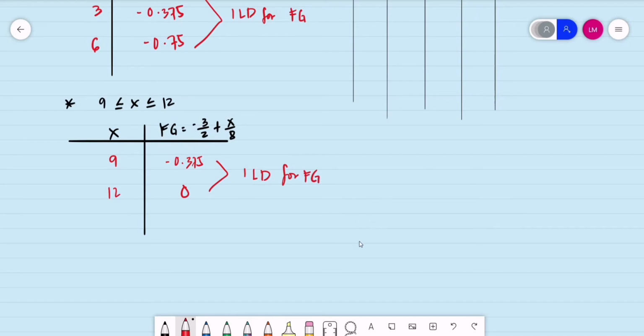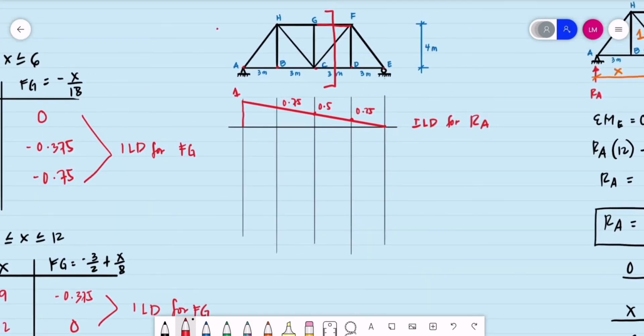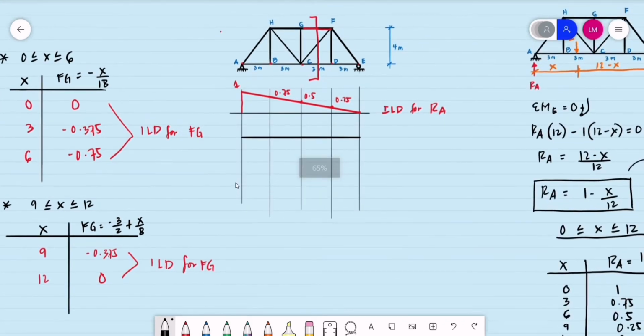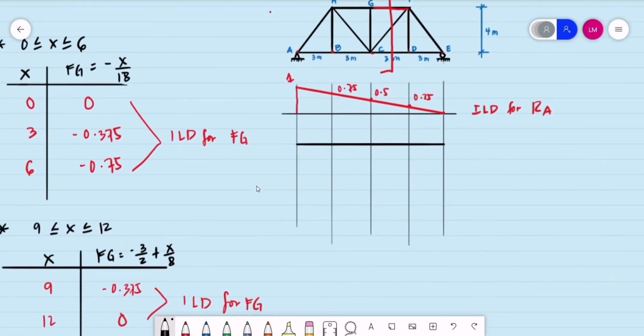So let's plot them for the ILD, the influence line diagram for the axial force for member FG. At x equal to 0, that is 0. At x equal to 3, that is negative 0.375.